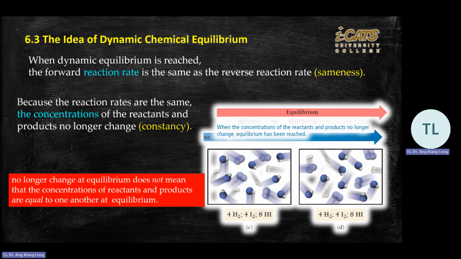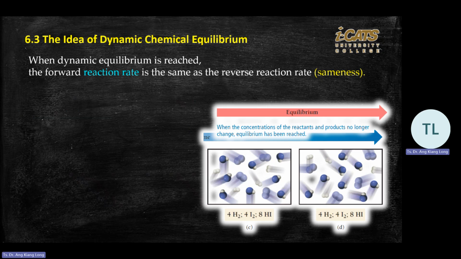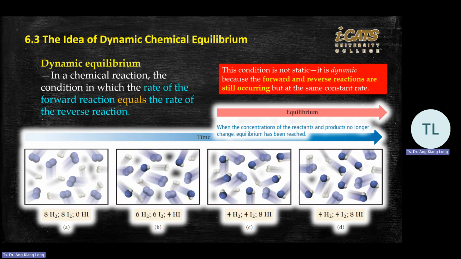It means that the forward reaction, reactant to product, is the same as product to reactant. This definition of equilibrium: the rate is the same. We are looking at the rate of the reaction. Forward and reverse is the same in dynamic equilibrium.